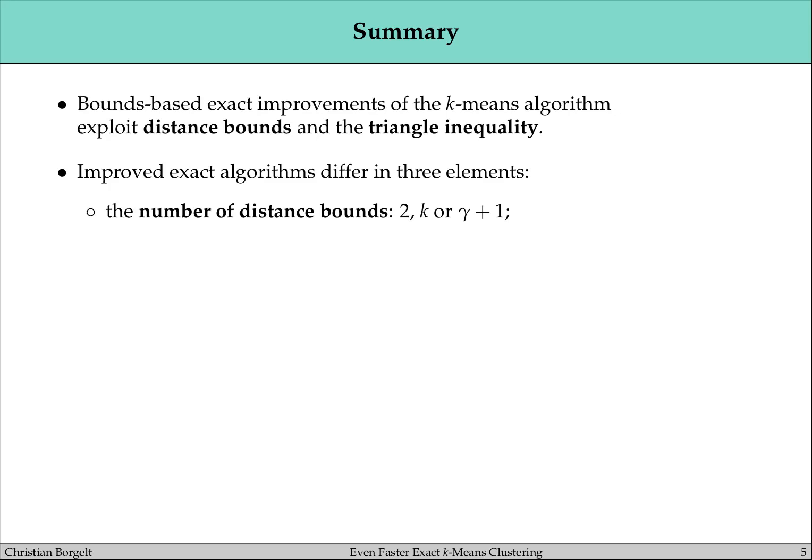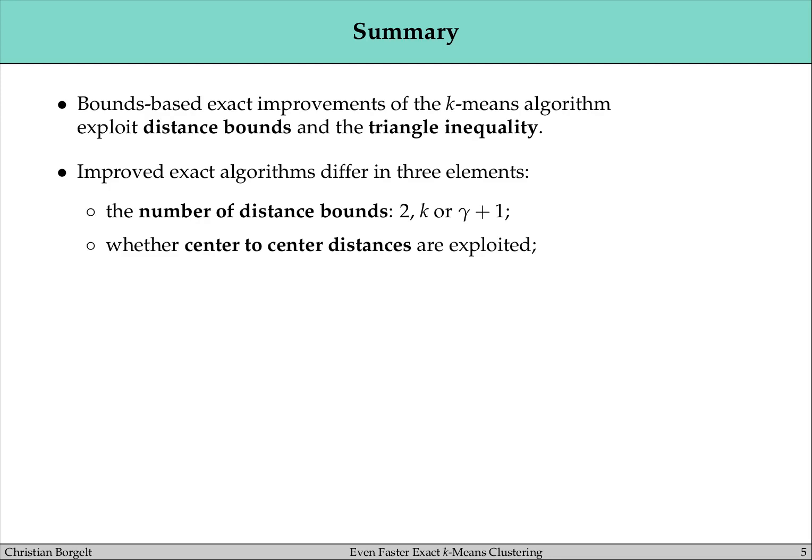In the first place, the number of employed distance bounds, which may be 2, that is, one upper bound for the closest and one lower bound for all non-closest centers, or k, that is, one upper bound for the closest and k minus 1 lower bounds for the non-closest centers, or gamma plus 1, that is, one upper bound for the closest and gamma lower bounds, one for each center subset.